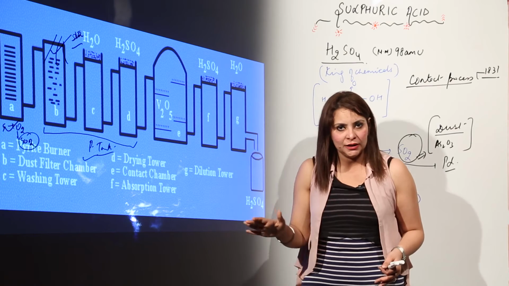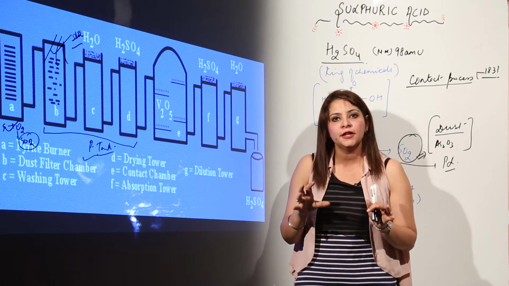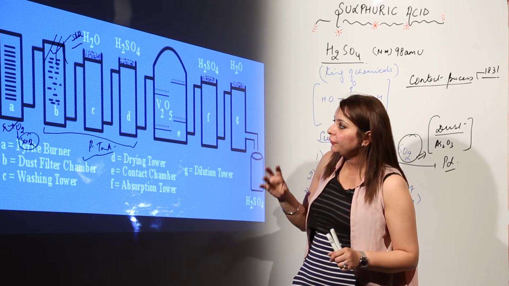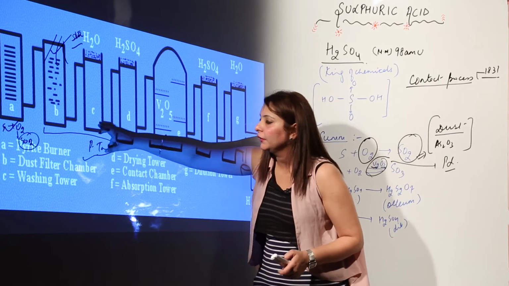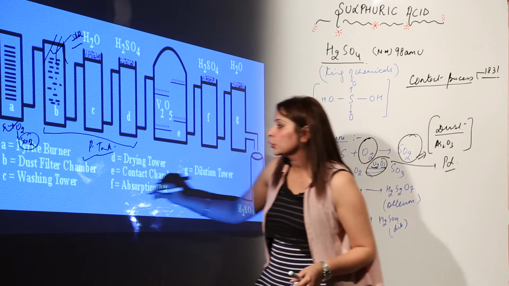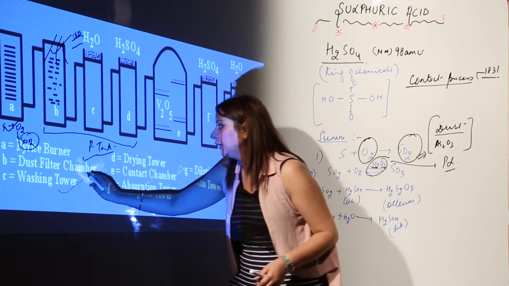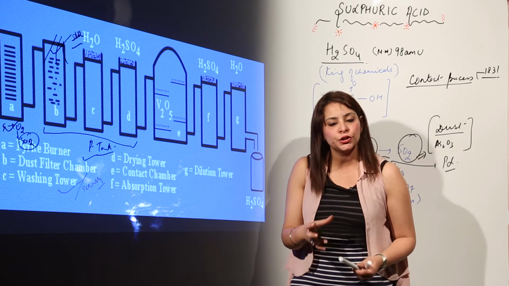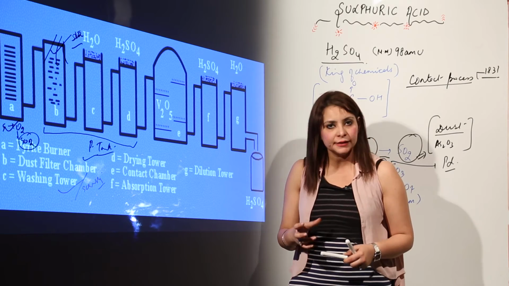Not all the dust particles are separated, but many get separated. Then after this, SO2 is fed from the B tank to the C tank, right. C tank is also called the washing tower, or the scrubbing tower. Either term can be used.